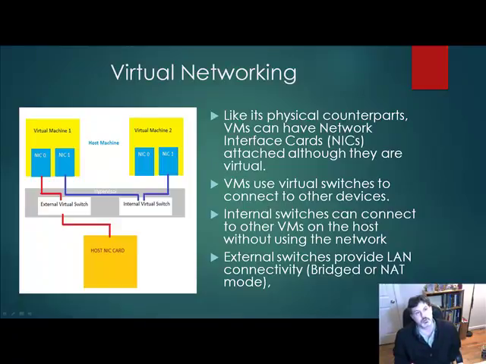We can even build an entire virtual network. I could have 20 virtual machines, and they're all connected through an internal switch, and then just give them one connection through an external switch to the LAN network, and that would give us a very nice kind of LAN segment for our network. So there's a lot of versatility we can do through virtual switching.